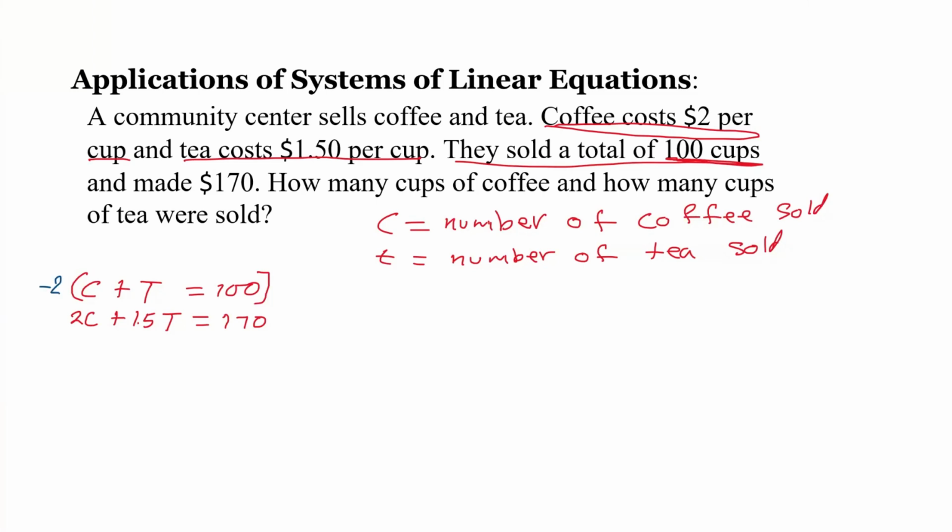In that case, we're trying to eliminate the C. So we're going to get a new equation, which is -2C when you distribute, -2T when you multiply -2 times T, and then you multiply -2 times 100. So that's equal to -200.